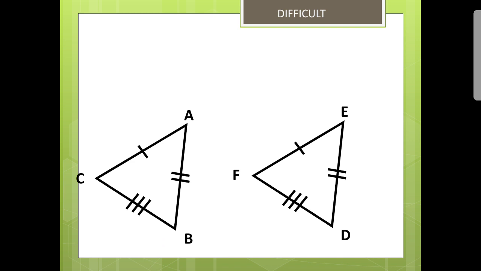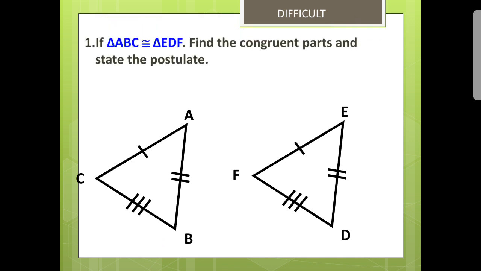Next, for difficult, if triangle ABC is congruent to triangle EDF, find the congruent parts and state the postulate. So what are the congruent parts and what is the postulate?